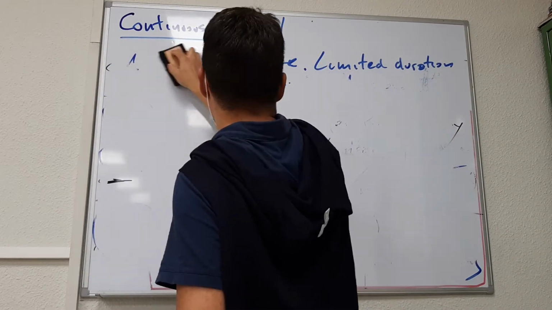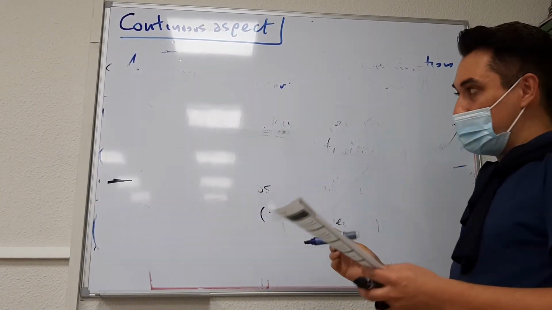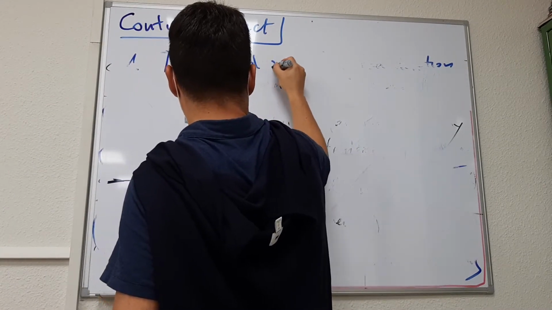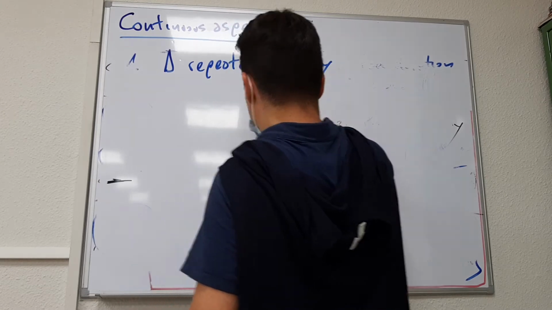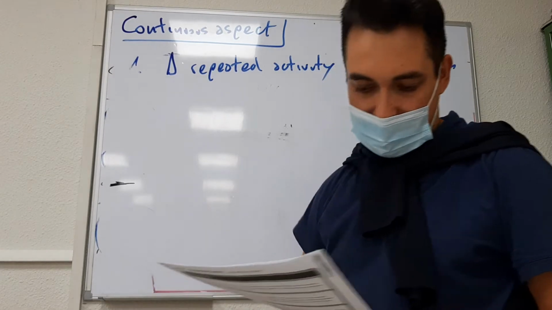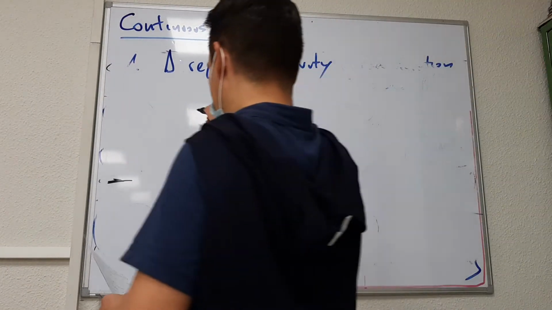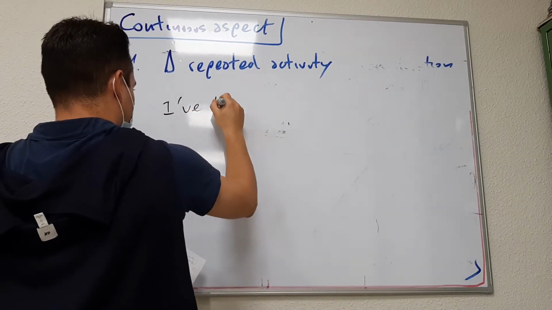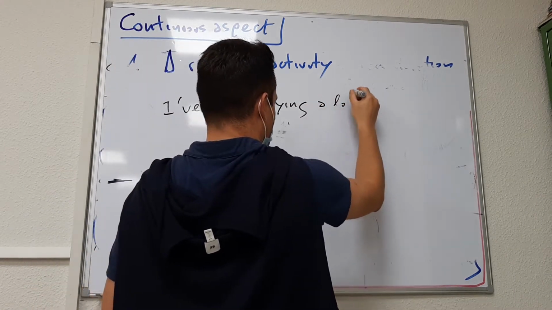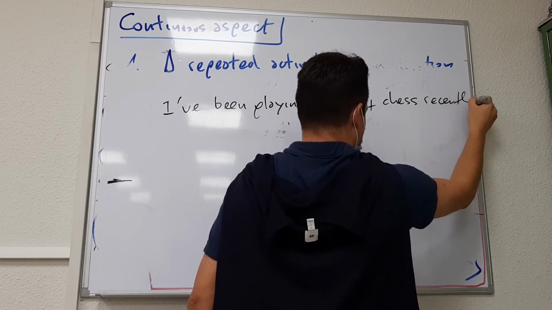Another use of the continuous aspect is to describe a repeated activity. For example, I can say, I've been playing a lot of chess recently.